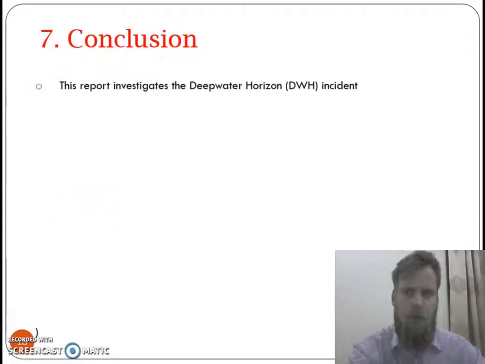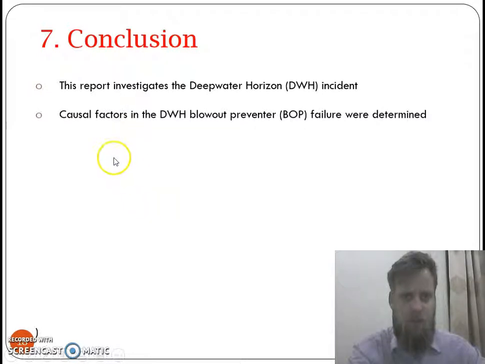Okay, so this report that I went over, in conclusion, we investigated the incident. We talked about the fallout from that as far as the oil that was spilt and the people, unfortunately, that were involved. We talked about what happened to the blowout preventer as far as the failures that the blowout preventer encountered.